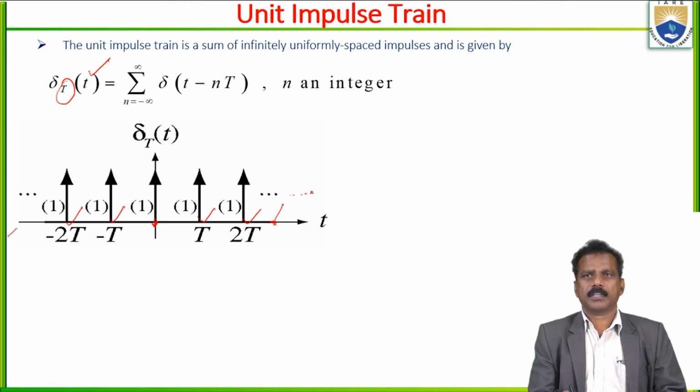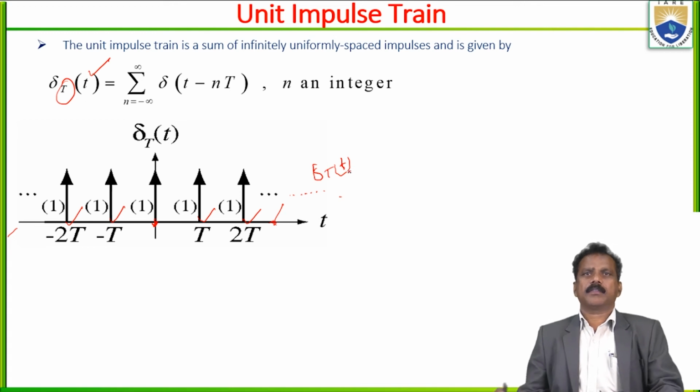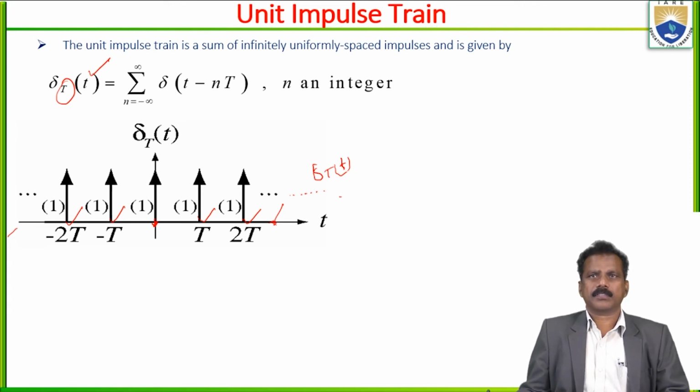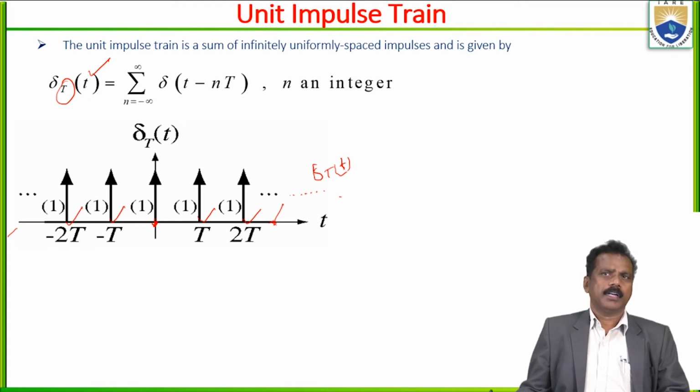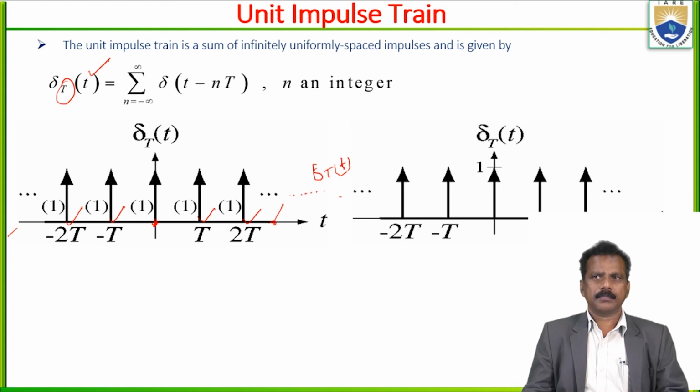As t increases, this is how the delta train varies. The unit impulse train is a sum of infinite uniformly spaced impulses, given by delta T of t equal to the summation for n equal to minus infinity to plus infinity of delta of t minus n times capital T, where small n is an integer value.